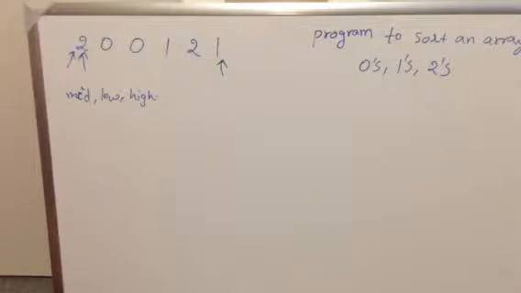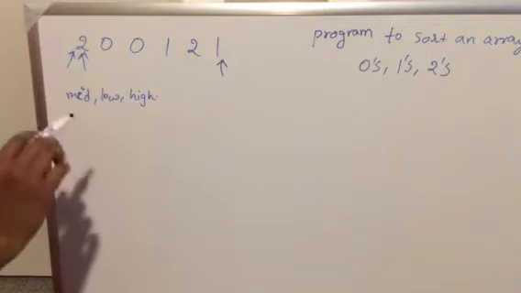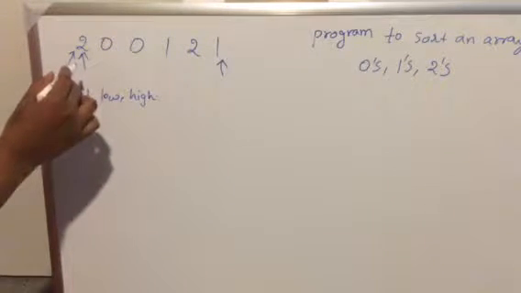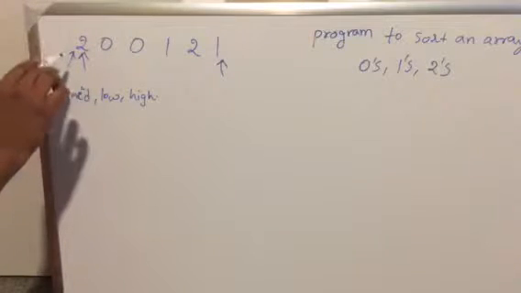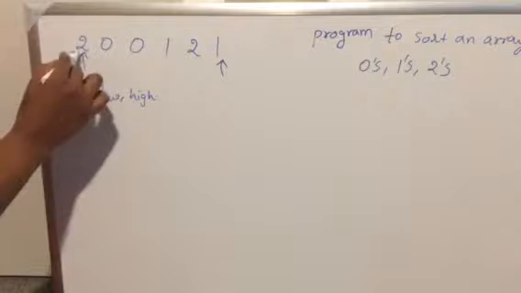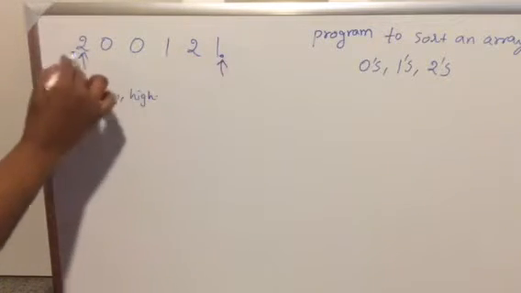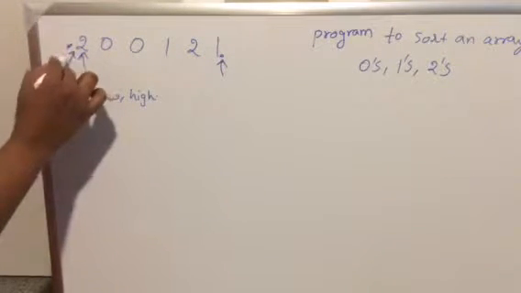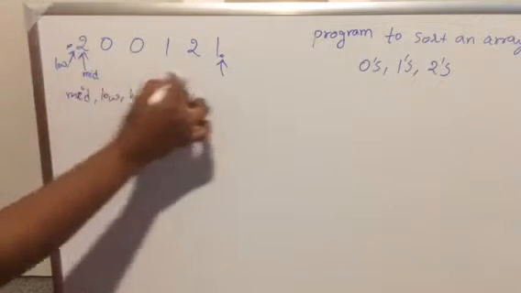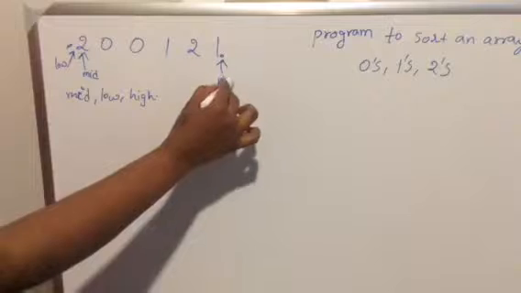Now what we need to solve is: if the element at the mid pointer is 2, then swap mid and high. This is low, this is mid, and this is high.